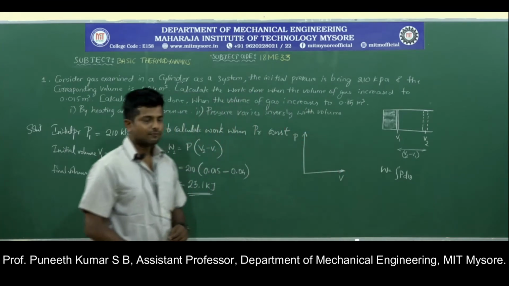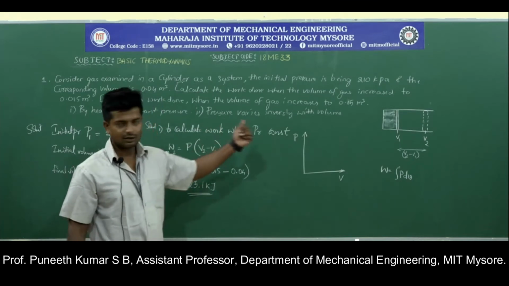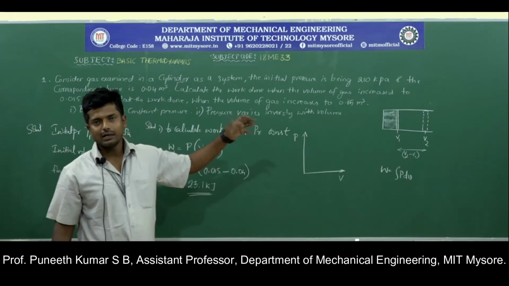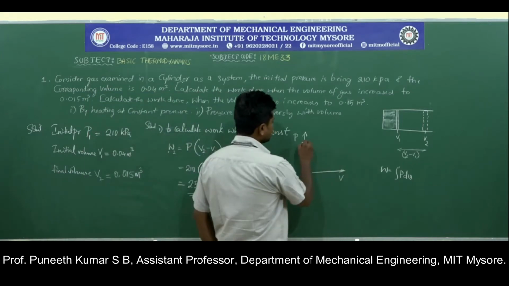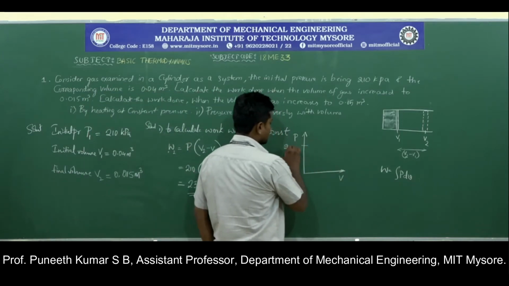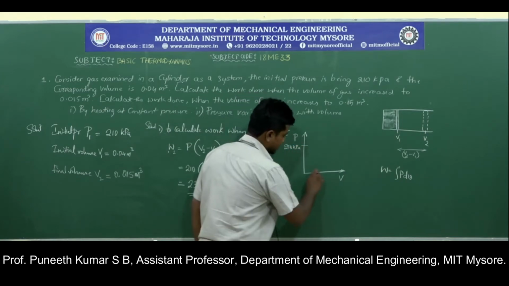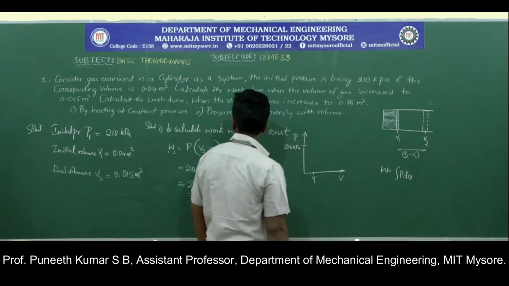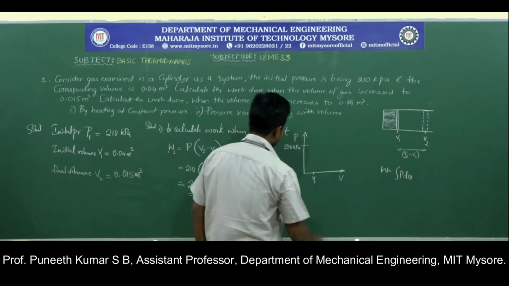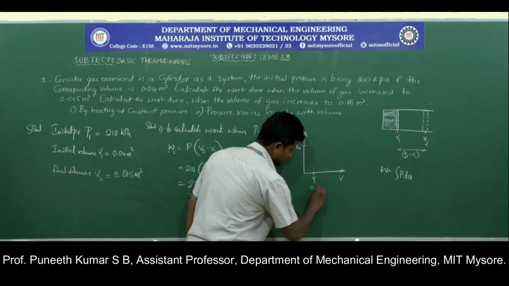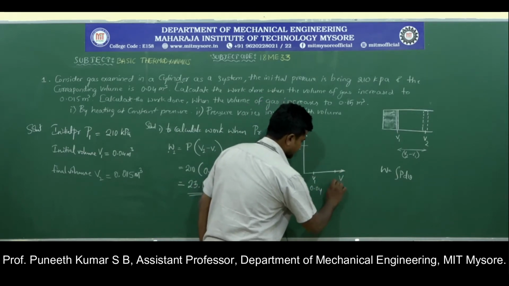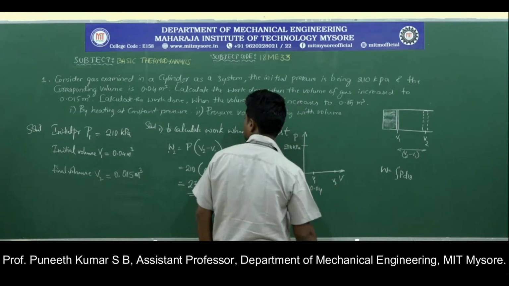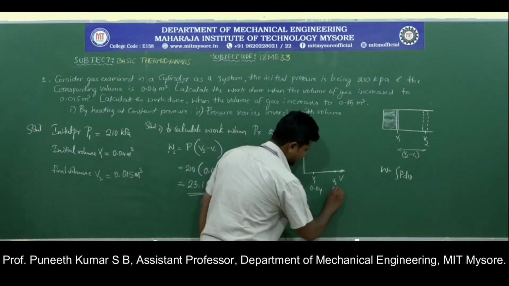For this particular process, I can also understand it by the graphical method. So let me say this is the mark of 210 kilopascal, and let this be V1, which was 0.04, and this is V2, which is given as 0.015.